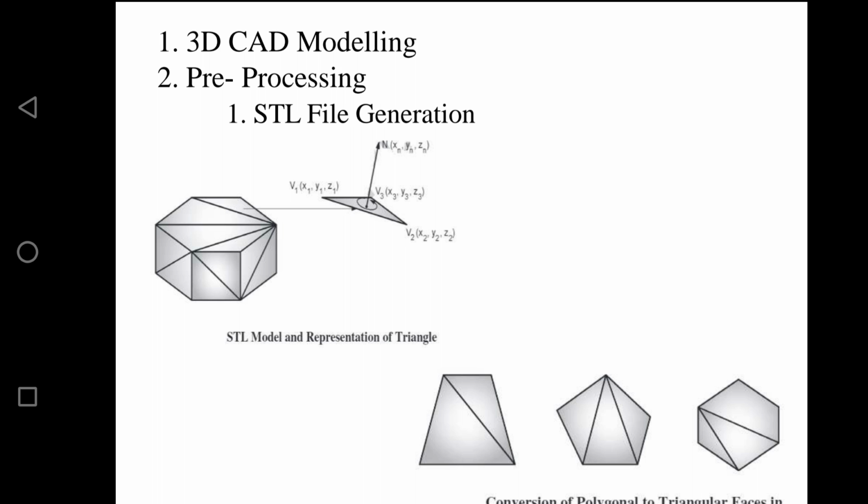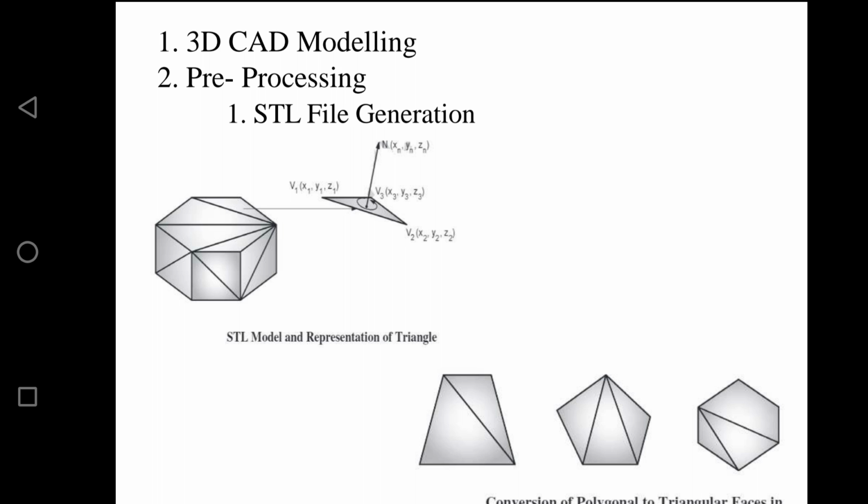If you are modeling in CATIA, it is going to save your file in CATIA-specific formats. If you are doing the same object in different software, it is going to save it in a different format. So for every changing graphical package there are changing formats.